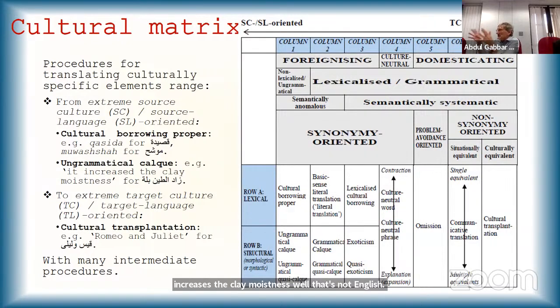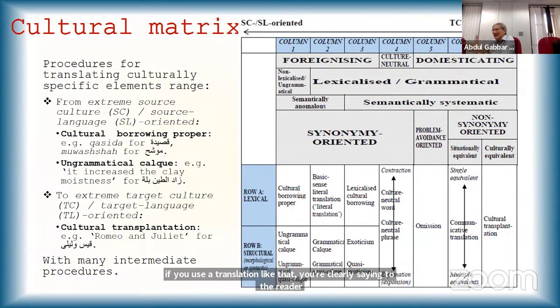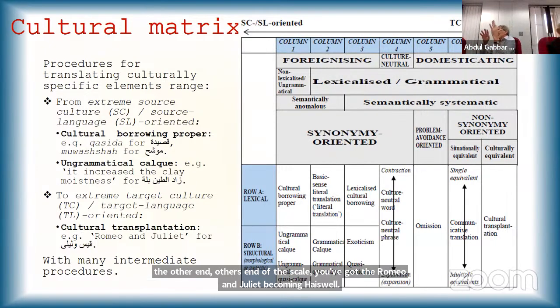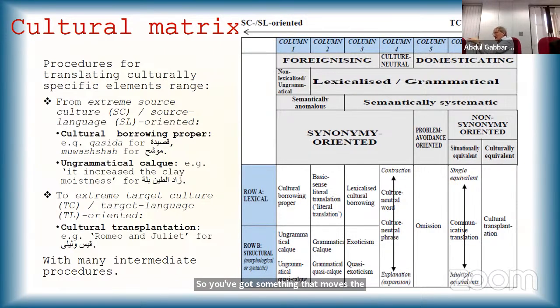So if you use a translation like that, you're clearly saying to the reader, look, I'm trying to tell you something about the original Arabic. So that's very much oriented towards the Arabic. But on the other end of the scale, you've got Romeo and Juliet becoming Qais wa Layla. So you've got something that moves the material entirely from the source culture to the target culture. And then lots and lots of possibilities in between.